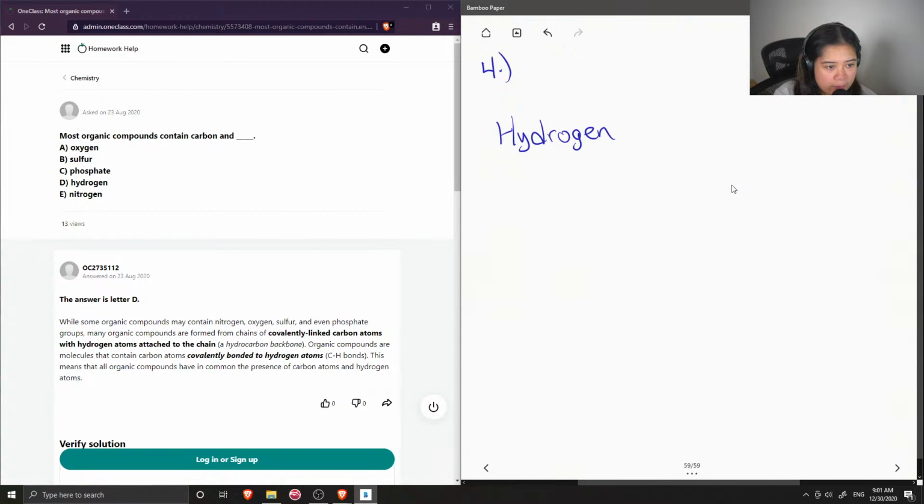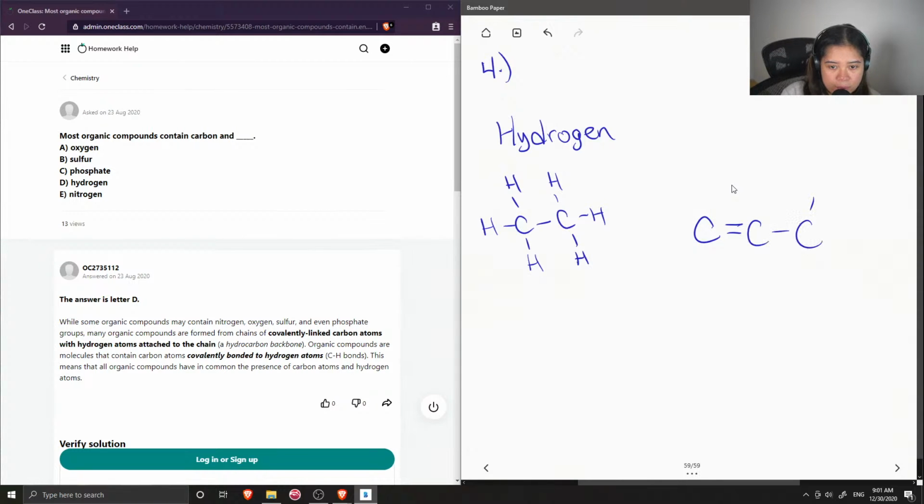Because you'll notice that with most organic compounds, like if we had ethane, since carbon prefers to have 4 bonds, when it isn't bonded to another carbon, it's most likely bonded to more hydrogens. Even when we have double bonds involved and triple bonds, we namely have carbon and hydrogen bonds in the sample.